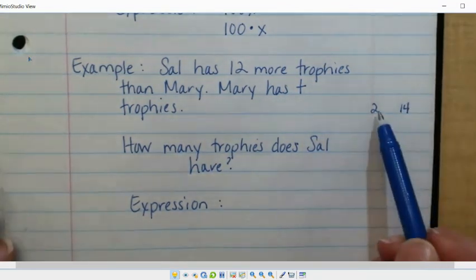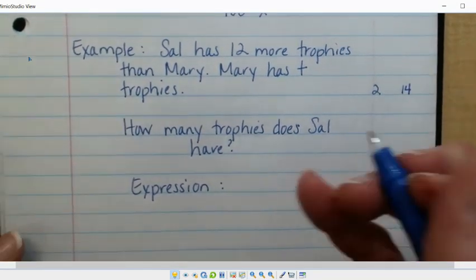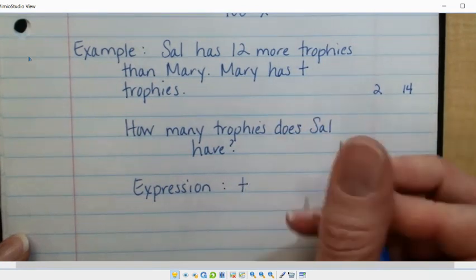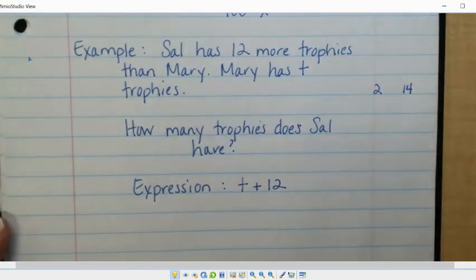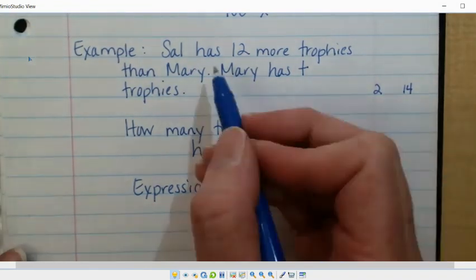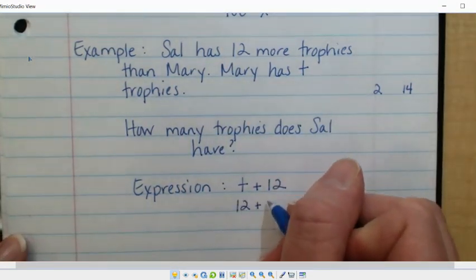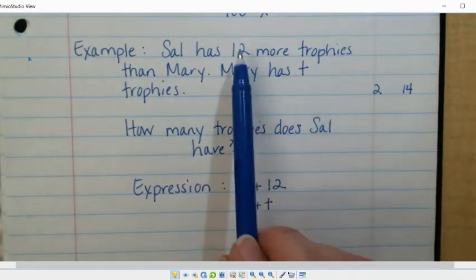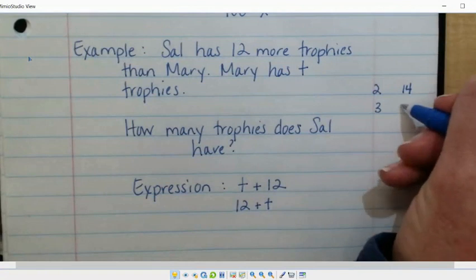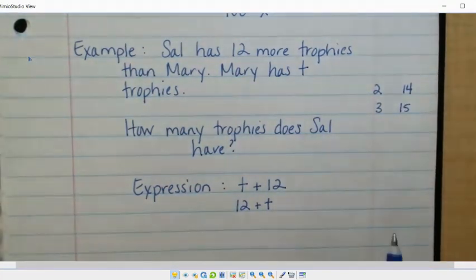What did I do to get from 2 to 14? Well, I took my T, my trophies that Mary has, and I added Sal's more. What Sal has more of. So I could also write this as 12 plus T, which makes sense because if Mary had 3 trophies, Sal would have 12 more, and that would be 15. So it makes sense in my expression.